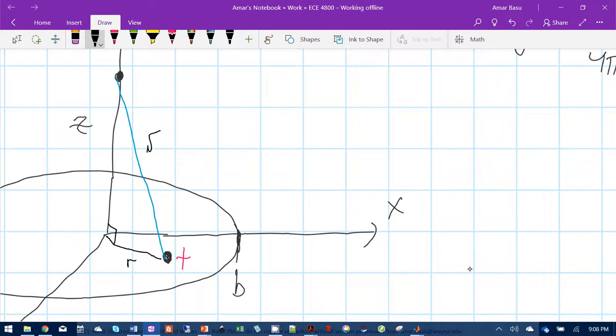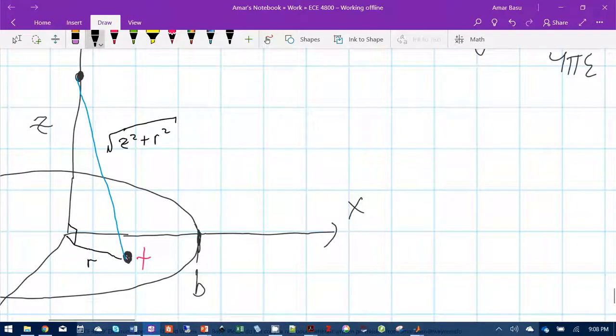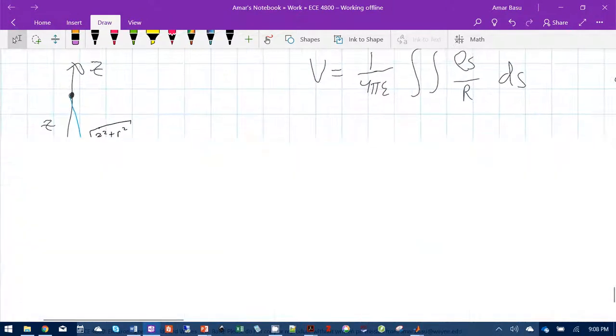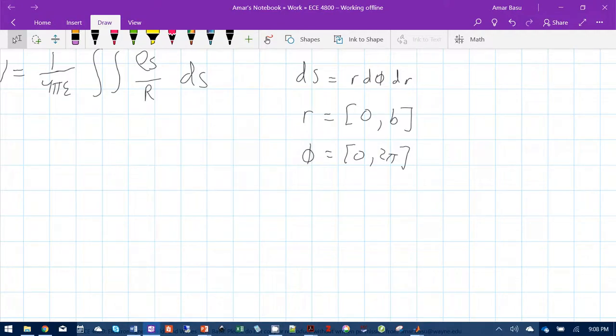Exactly. Square root of z squared plus r squared. So this distance, script r, is equal to the square root of z squared plus r squared.